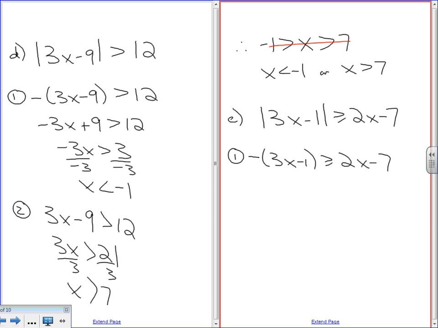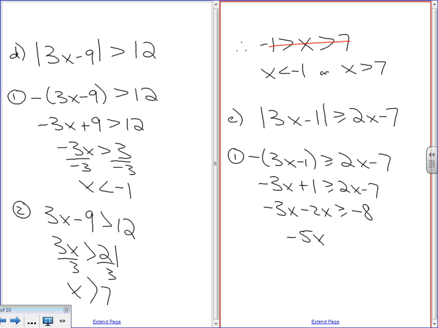Once I've done that, then it's just an easy equation to solve, or inequality. Negative 3 plus 1, 2 minus 8, negative 3 minus 2, this becomes minus 8, I believe.